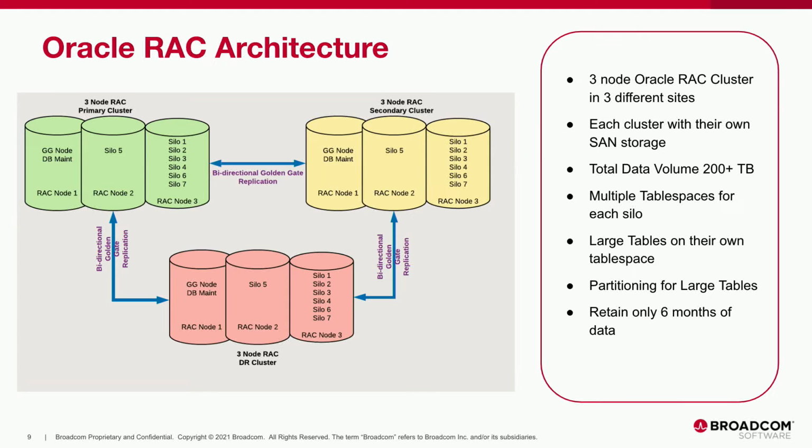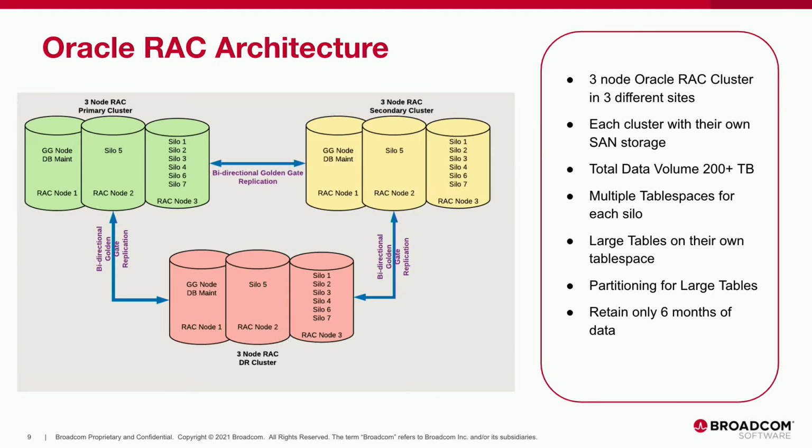So this used to be our Oracle RAC architecture. We had three Oracle RAC clusters, 3 nodes each, running on 3 different sites. Actually, primary and secondary were on the same site, but with separate SAN storage, so there was no single point of failure.